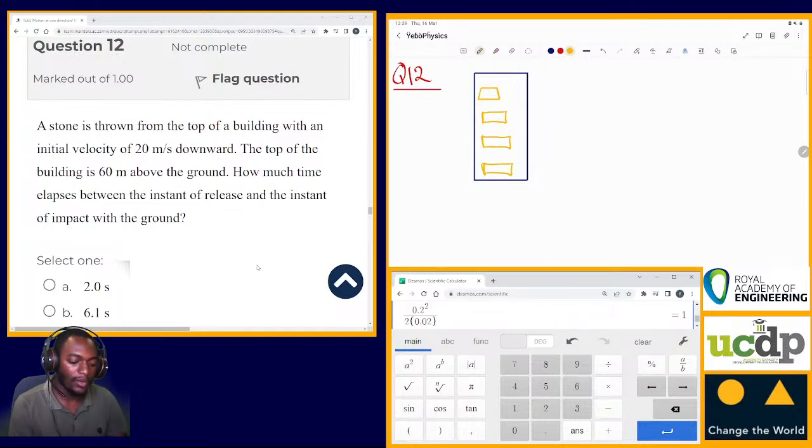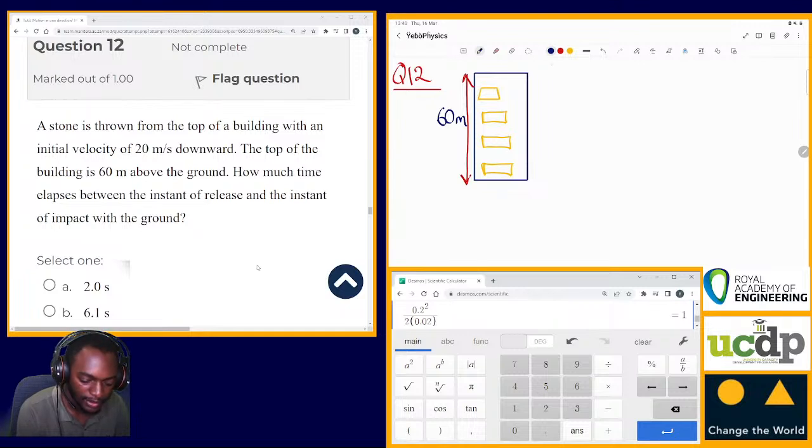So this is our tall building, and we are told that it has a height of 60 meters.